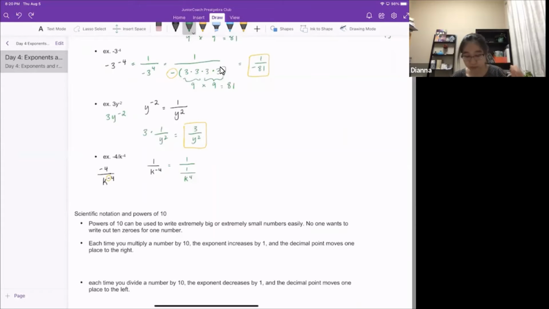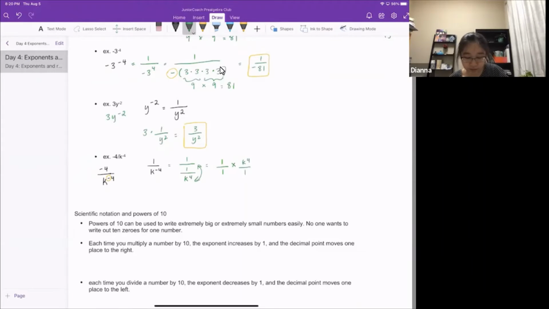So it's 1 divided by 1 over k to the 4th. And so this is where you should kind of know how to divide fractions, because now it's pretty simple, right? If you're dividing by a fraction, you're basically just multiplying by the reciprocal. So when I flip 1 over k to the 4th, now I have k to the 4th over 1.